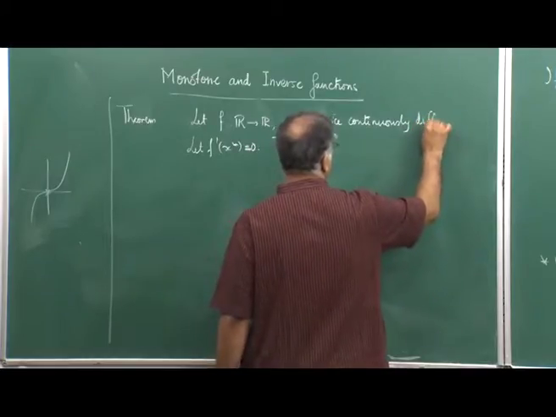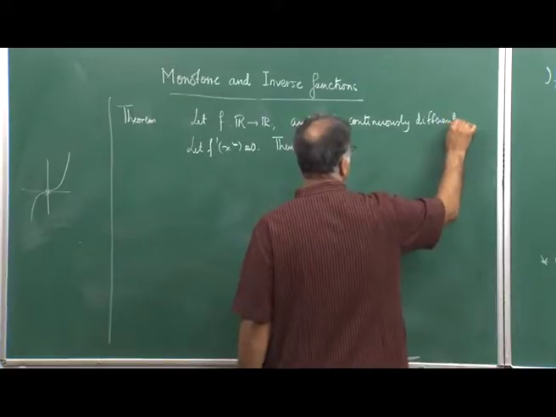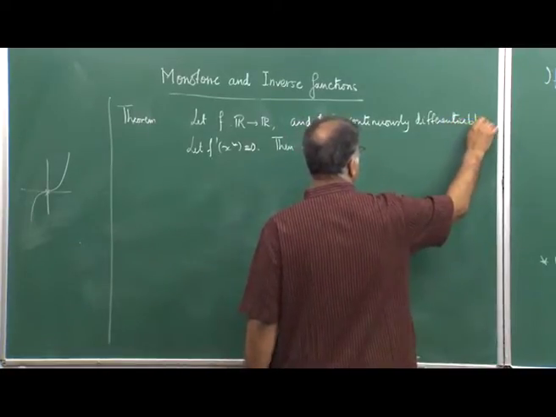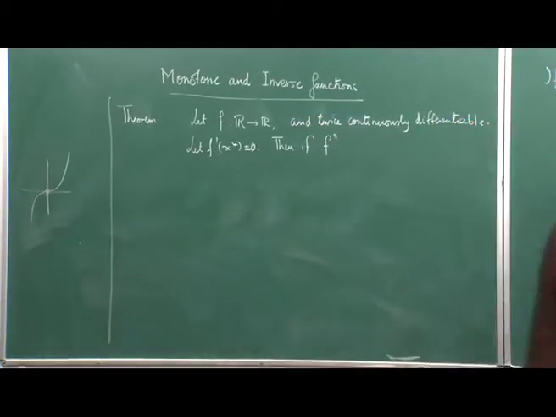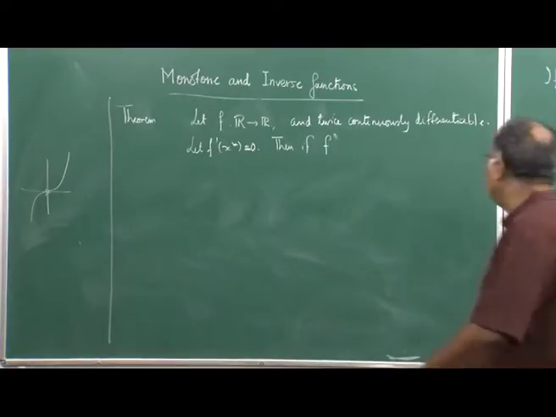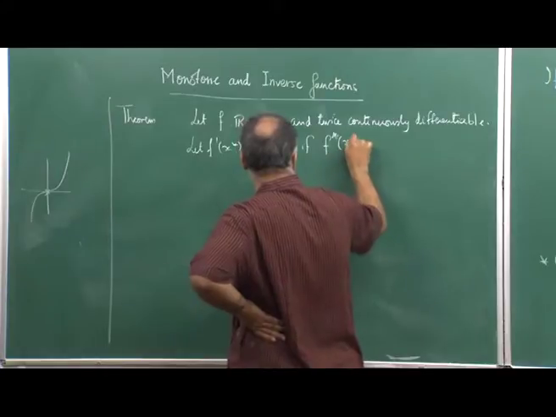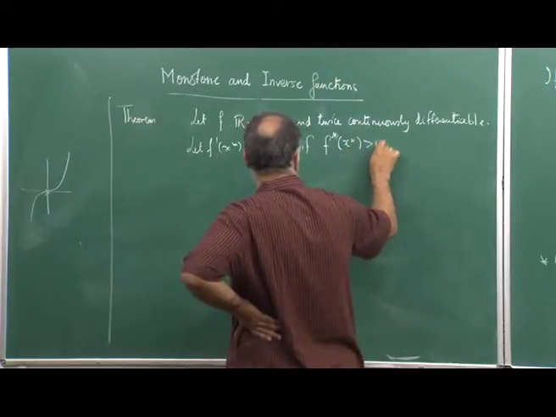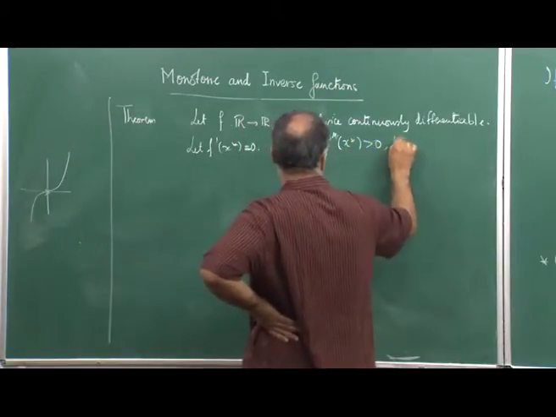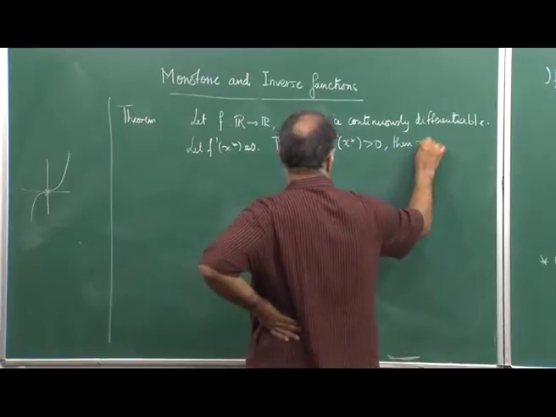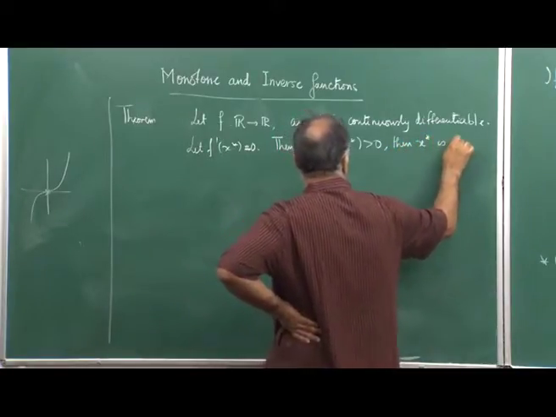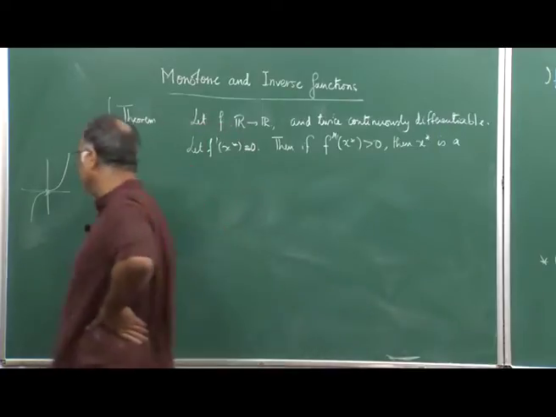The second derivative is also a function of x. Then if f double dash x star is strictly greater than 0, then x star is a strict local minimum point.